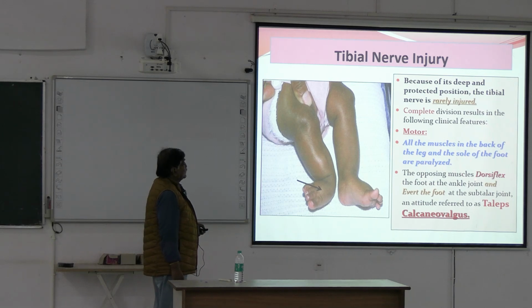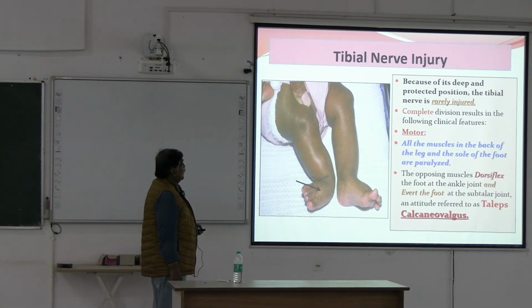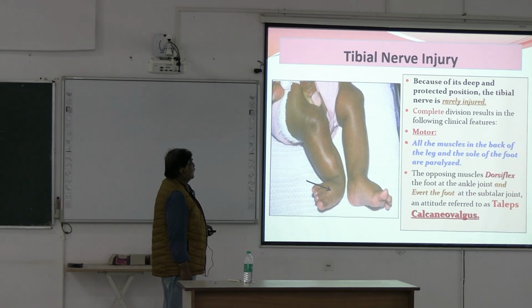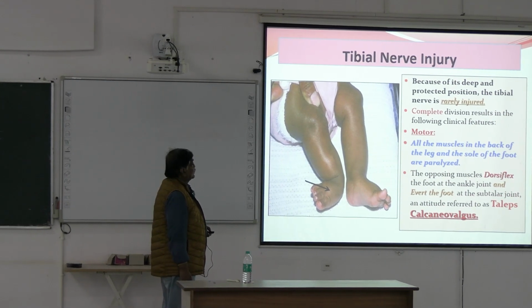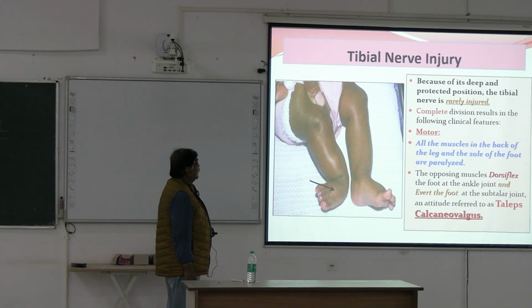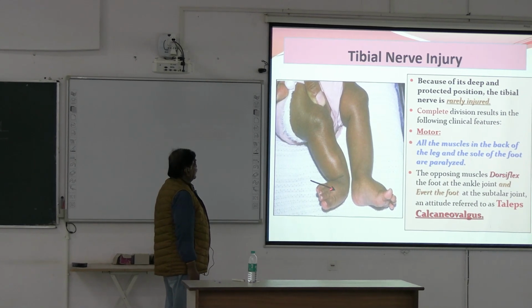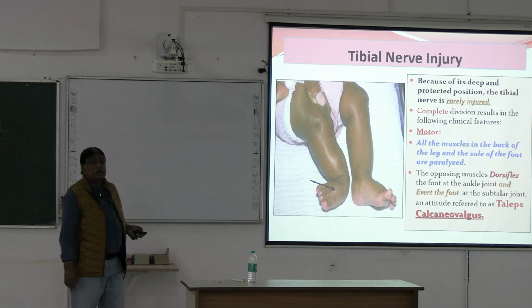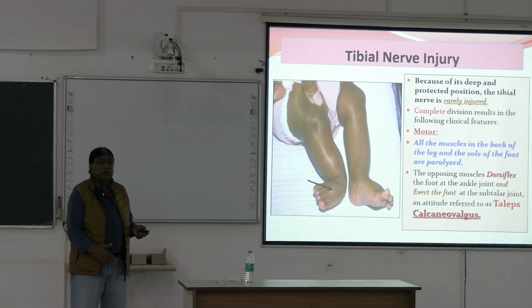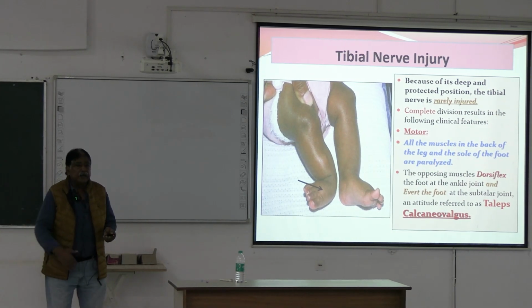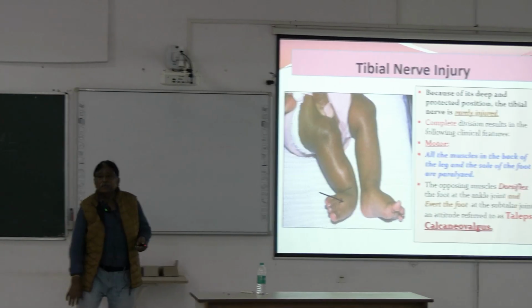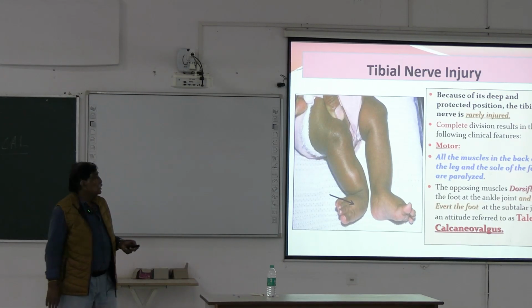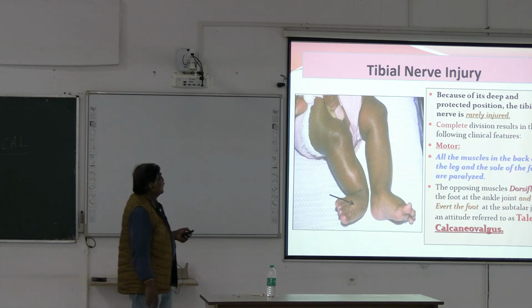Now the opposing muscles dorsiflex the foot at the ankle joint and evert the foot at the subtalar joint, an attitude referred to as talipes calcaneovalgus. This is the condition. Talipes calcaneovalgus. Midline is lost. Now this is like this. You see, it's like the inverted. So this is the tibial nerve injury.